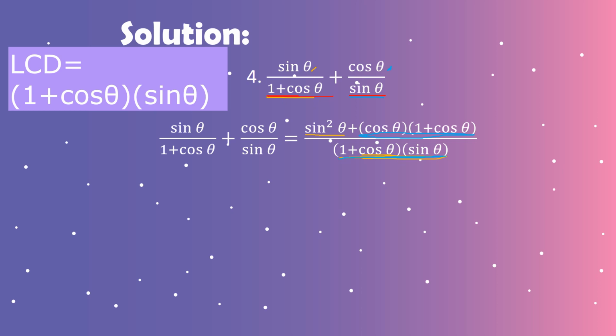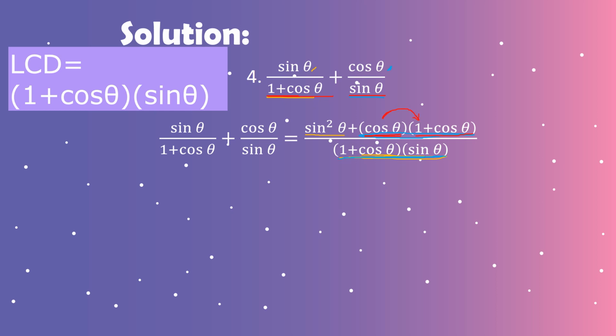Siyempre, di pa tayo tapos. Take a look at this one. Yung cosine theta and 1 plus cosine theta, we can actually combine them together. Pwede natin silang i-multiply together. And how are we going to multiply? We can apply the distributive property. Itong cosine theta, i-multiply kay 1.